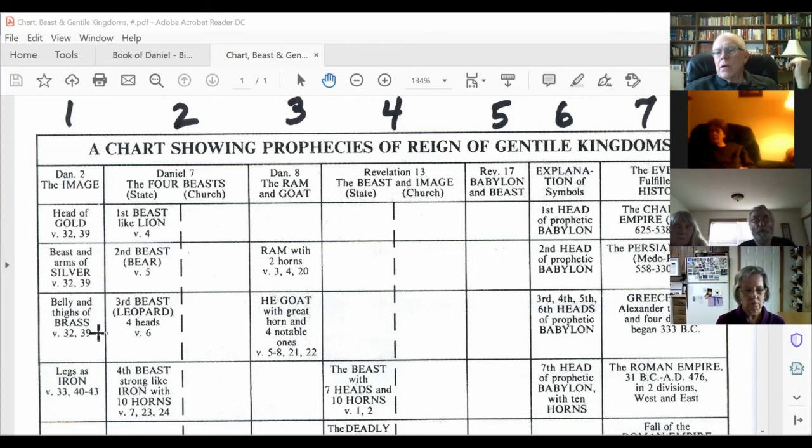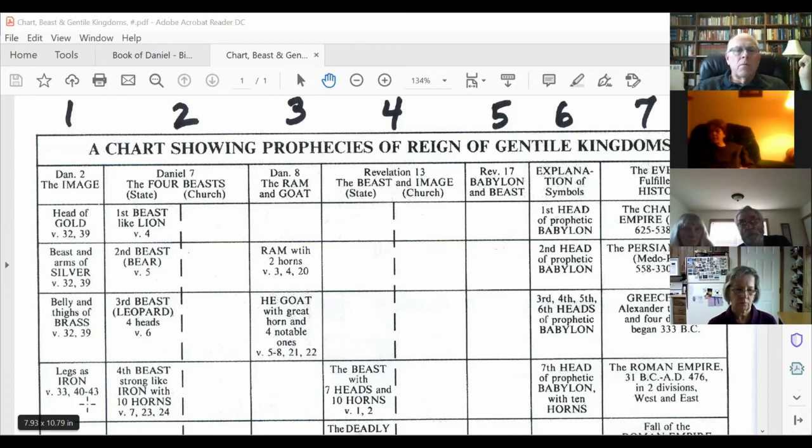And then, we're getting right about at time to call this to an end, but the belly and thighs of brass, the beast that's like a leopard, and that's all the way to the right, that's Greece. And then we have the legs of iron, the feet with iron and miry clay mixed, and this is the Roman Empire.